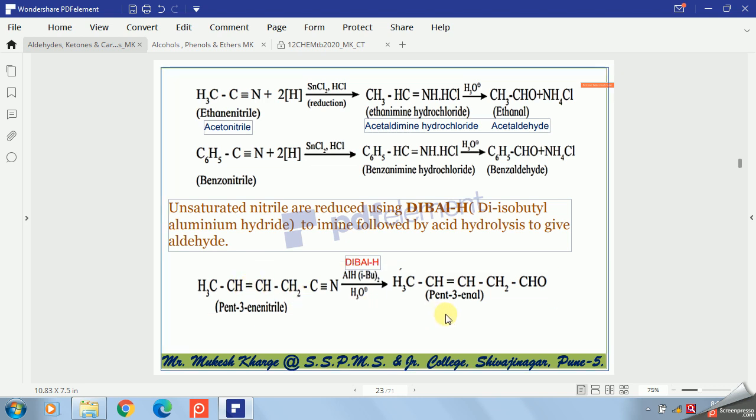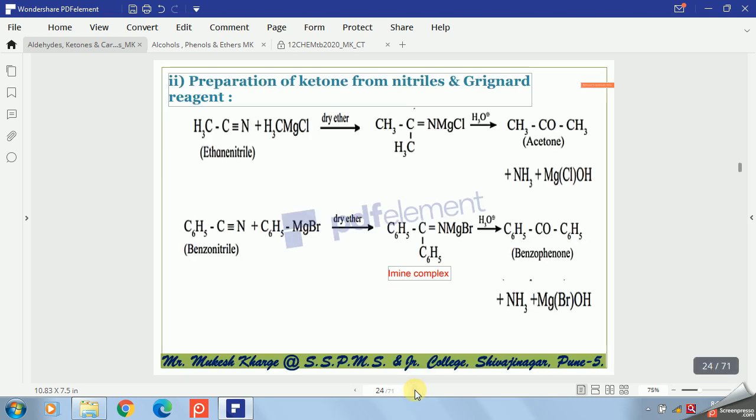But if we have to prepare an unsaturated aldehyde, then we can use diisobutyl aluminum hydride. So remember this from the point of view of your CET exam. Then next one is preparation of ketones from nitrile.